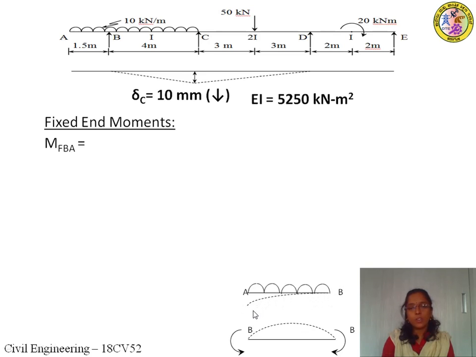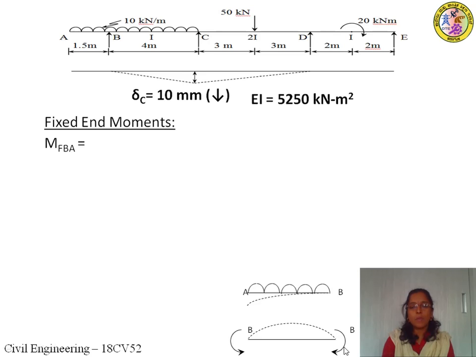Because of this UDL, due to the cantilever action, the beam will behave like this, and the overhanging portion will be subjected to hogging bending moment. If you consider the hogging bending moment, this is the sign convention to be followed. This is the left end A and this is B.